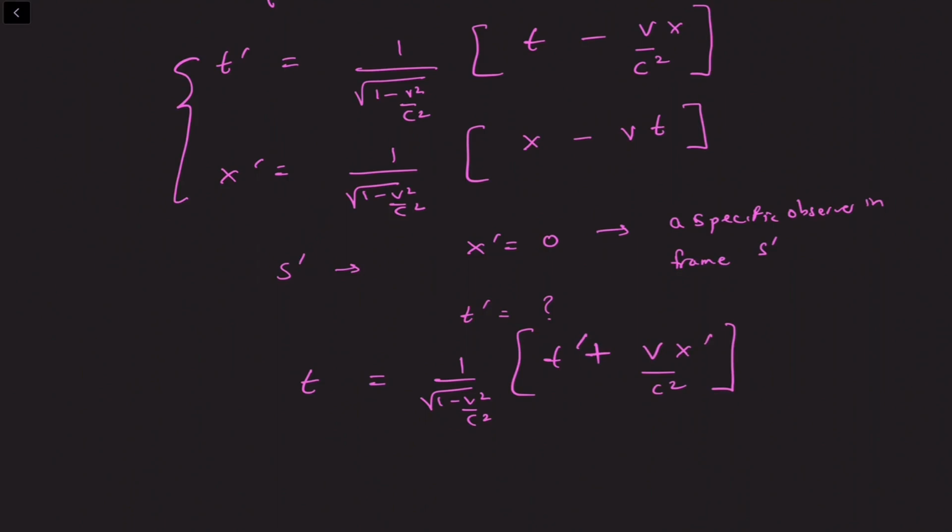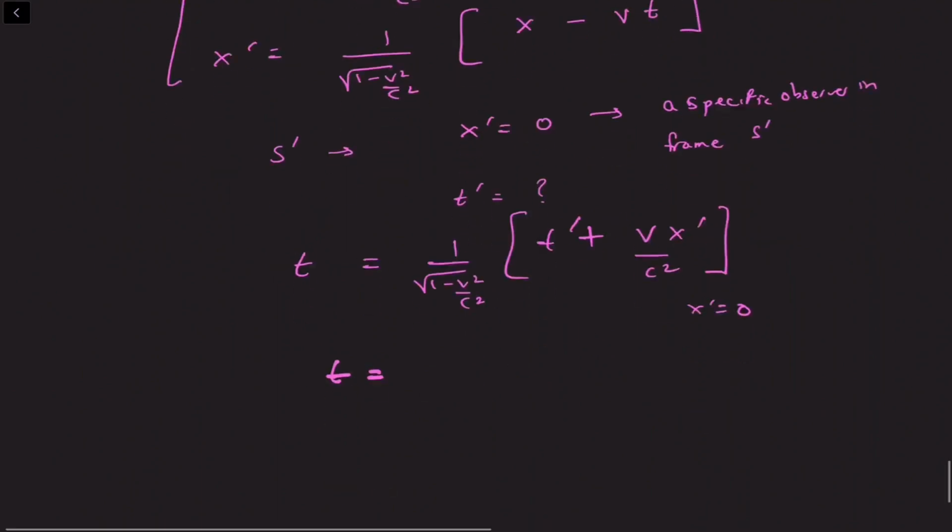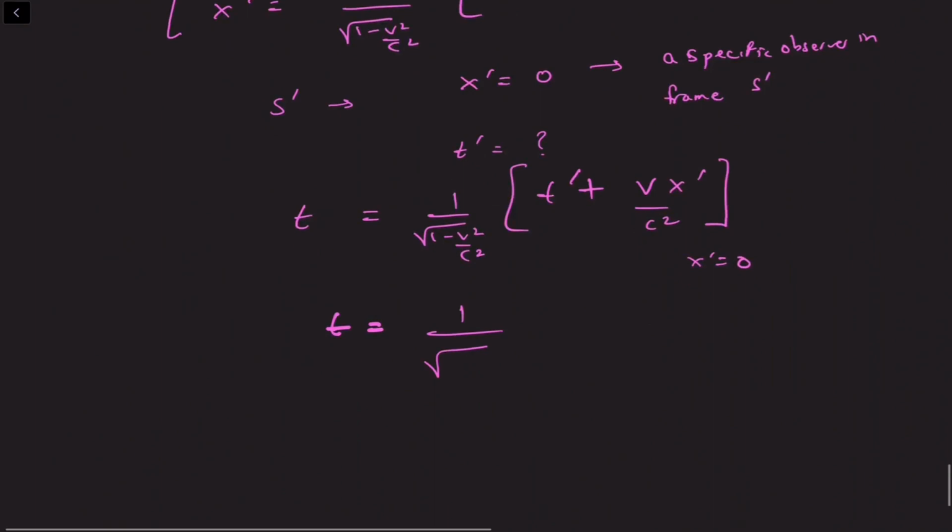And now, since we're fixing the observer to be at x prime equal to 0, that gives us t is 1 over the square root of 1 minus v squared by c squared times t prime.